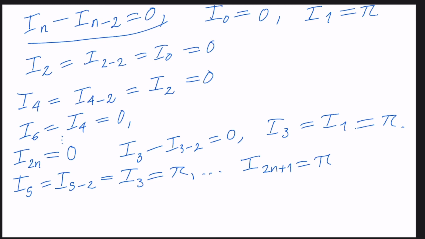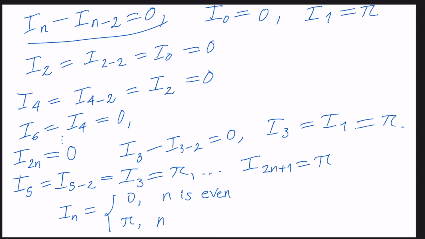Let's summarize the result here quickly. So I of n is in {0, pi}: 0 if n is even, for example 0, 2, 4, 6, 8, and so on, 2 multiplied by a natural number.